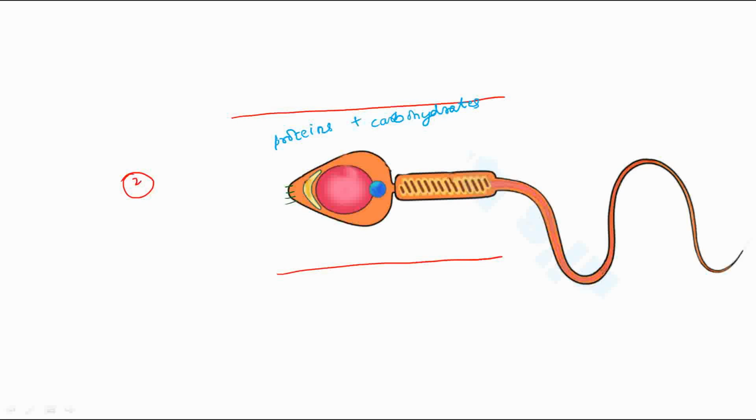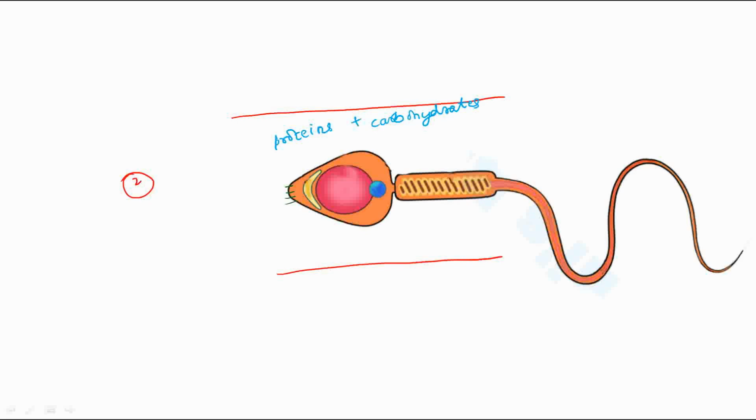Clear? So, second process is that some other proteins and carbohydrates are also removed from the sperm cell membrane. That results in the unmasking of the receptor proteins that are required to interact with the zona pellucida of the ovum or egg. That is the second.